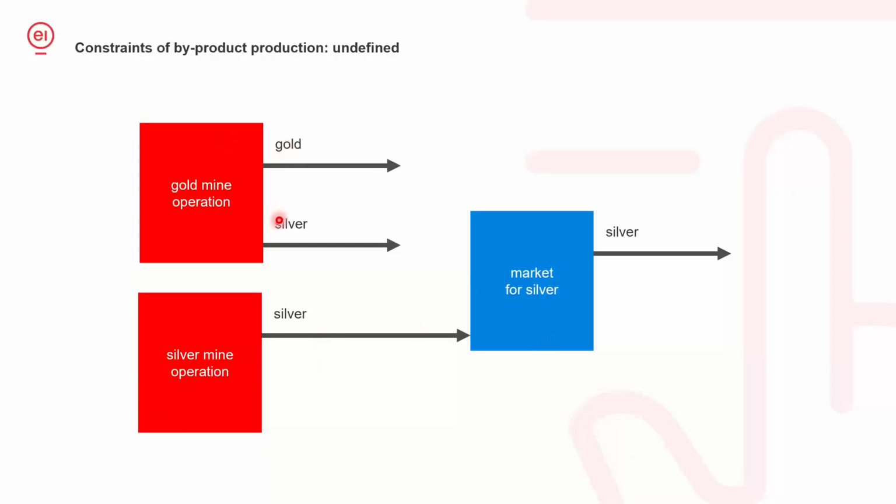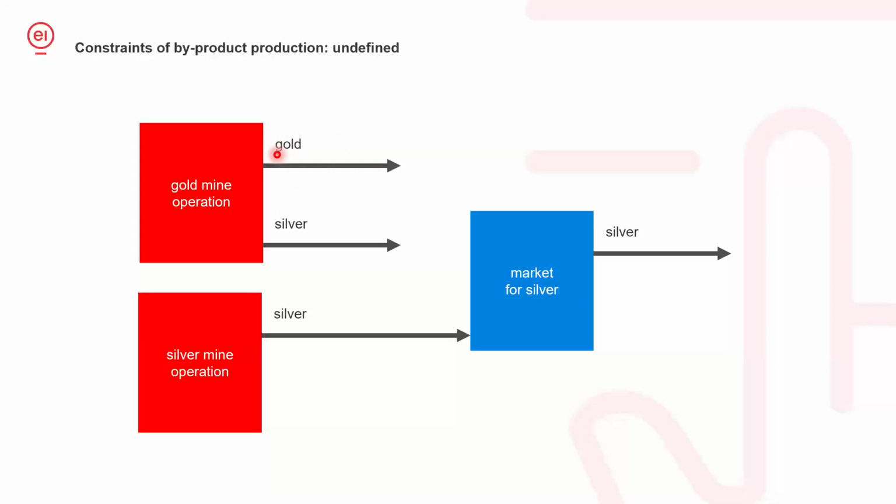This is because when we have a byproduct, this is considered as constrained production. We cannot create an additional unit. We cannot extract additional silver. If the market asks for additional silver, the gold mine operation cannot provide this additional unit, because the reason for performing the gold mine operation is gold, is to extract gold.